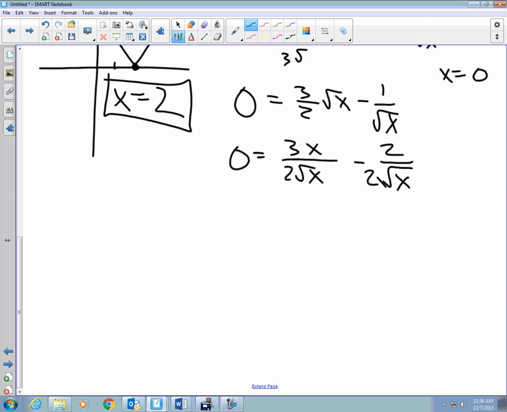So this is 3 roots of x over 2 minus 1 over root of x, right? I multiply the top and bottom by the root of x, get that. Multiply top and bottom by 2 to get this.